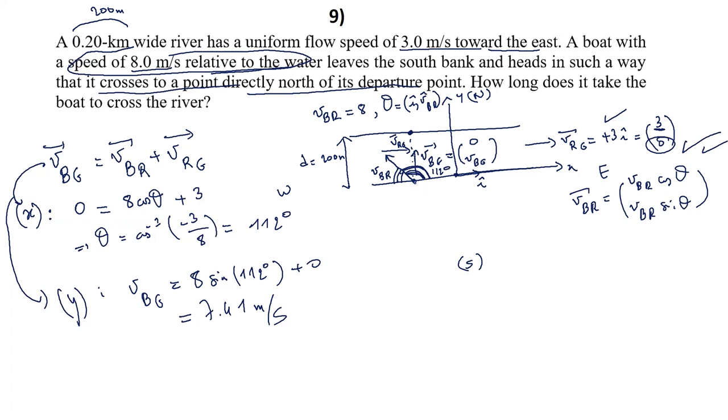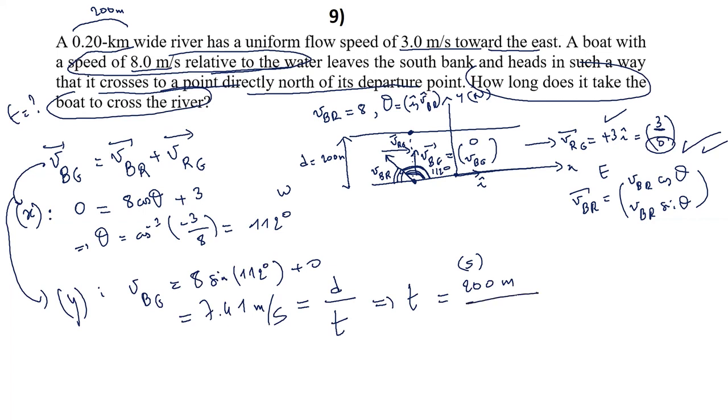Because I want to start here and end up exactly at the north. So this speed is just equal to the width of the river divided by the time I take to cover that width. So the time asked here, how long does it take for the boat to cross the river? The time is just the distance, 200 meters, divided by the speed, 7.41 meters per second.